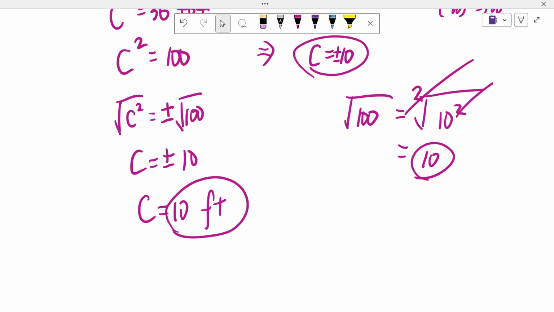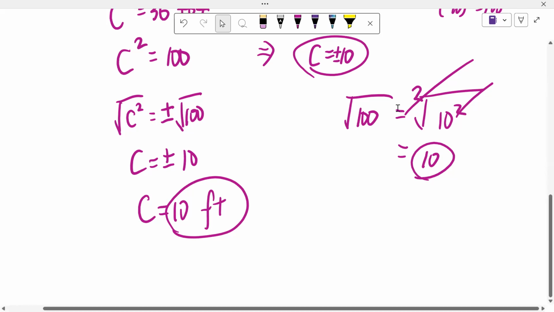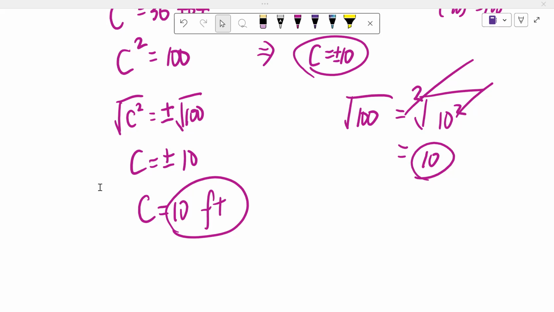As long as there's the two above the C, that always means you have to find the square root, because it says C squared equals 100. Now, what is C by itself?